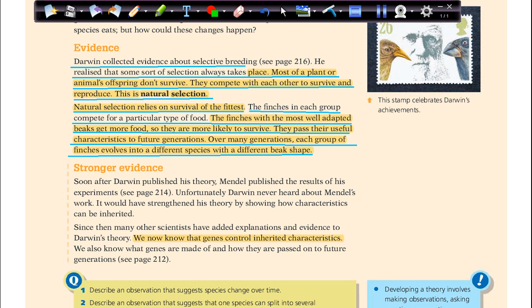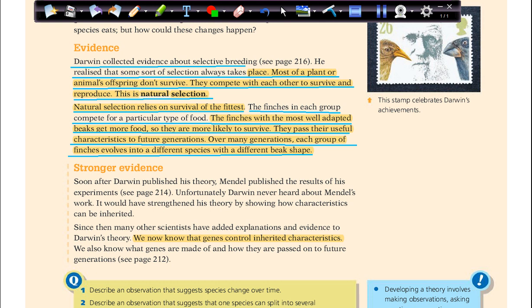So as I was explaining, the strong ones will survive, or the fittest ones will survive, because they have adapted beaks to get more food, and the weak ones will die. These offspring will breed together and pass their good features or useful characteristics to the next generation, and this generation will pass them to the next ones.